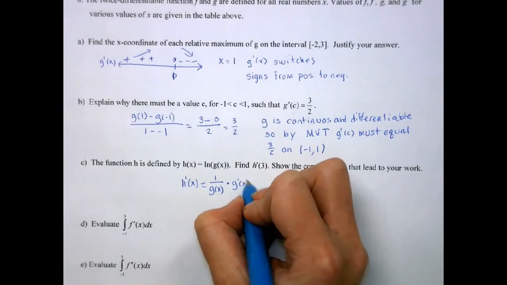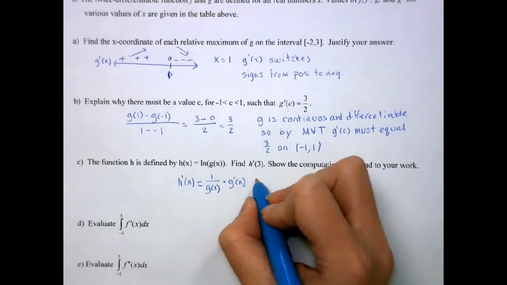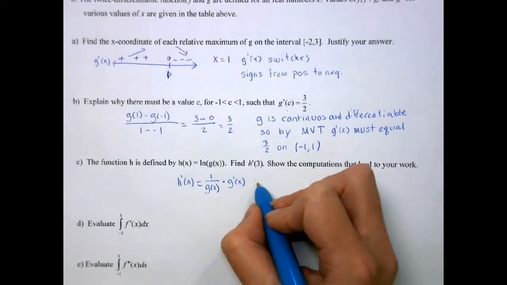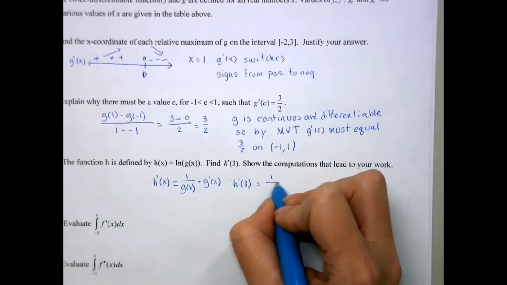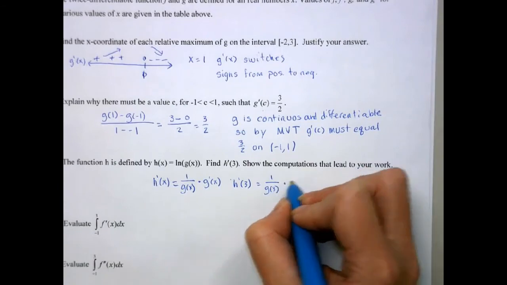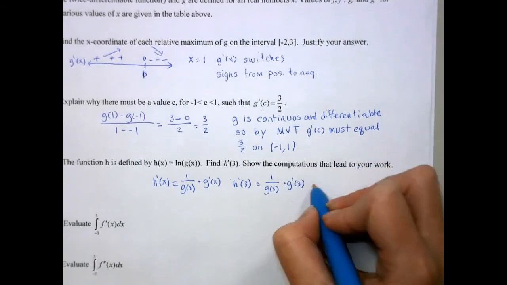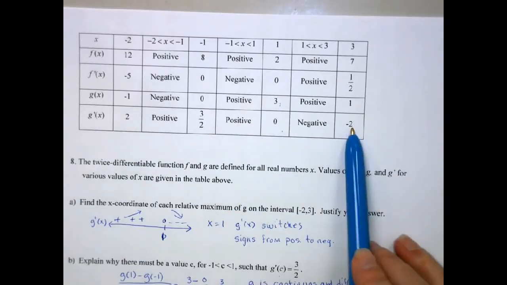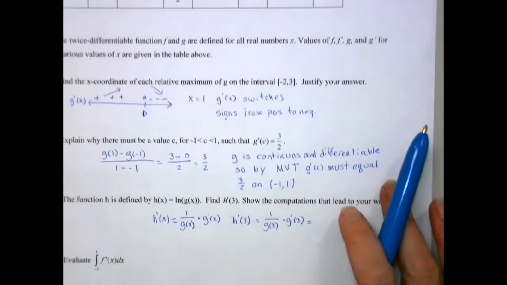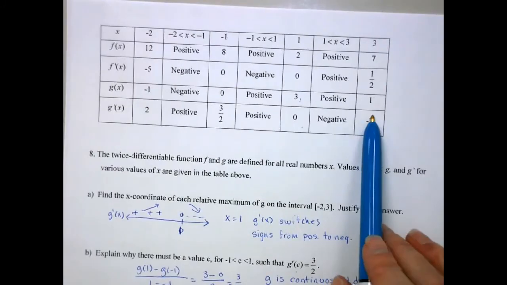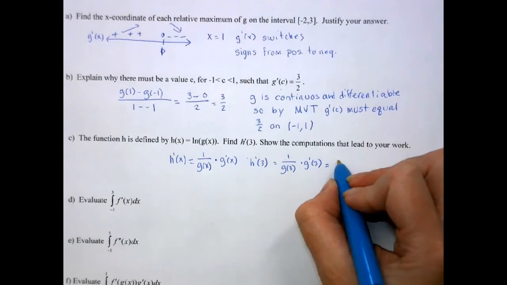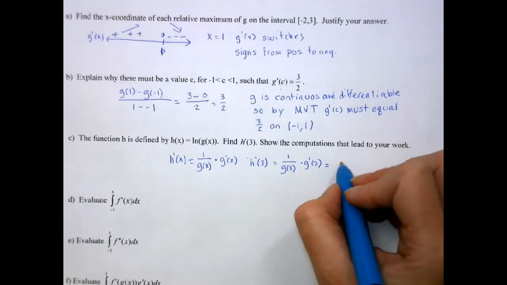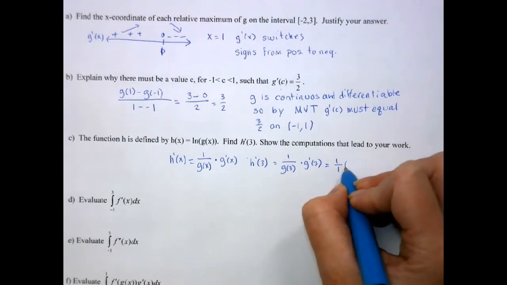So h prime of 3 is going to be 1 over g of 3 times g prime of 3. Well, going to our chart, g prime of 3 is -2, and g of 3 is 1. So this is going to be 1 over 1 times -2, which is -2.